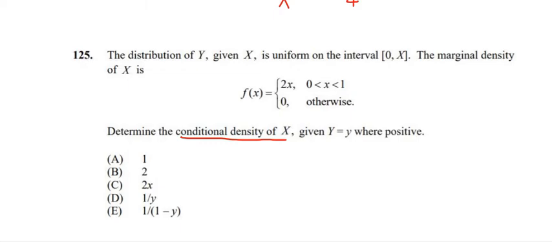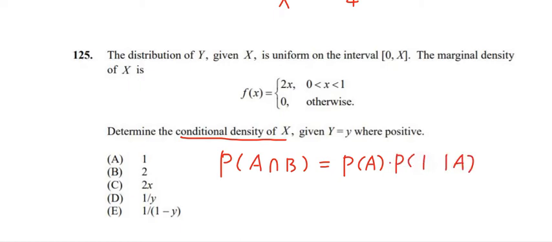Let's say we have this formula, the probability for A and B equals P of A times P of B given A. So we can regard the joint density function as P of A and B.